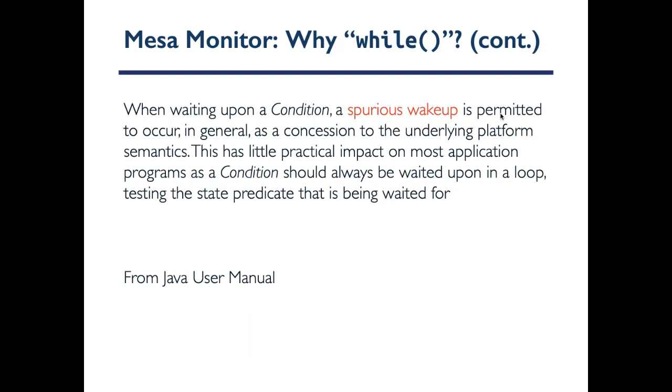That's how they implemented it. I don't know why, but that's the implementation. So you wake up without anybody's signal, and if you don't have that while to check your condition again, you're going to assume that the item is put on the queue, and then you go ahead. And that is a wrong assumption. So this is another reason for you to always use while instead of if.